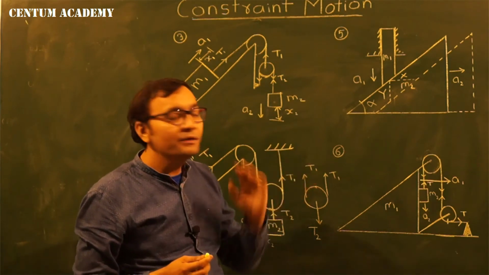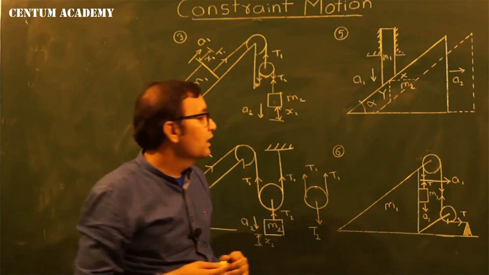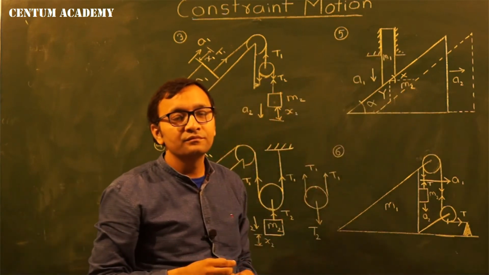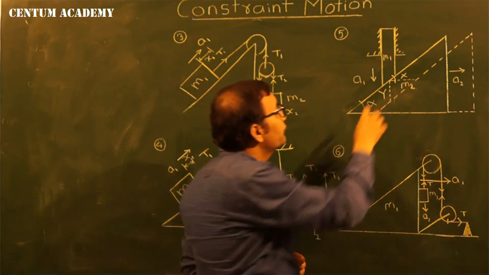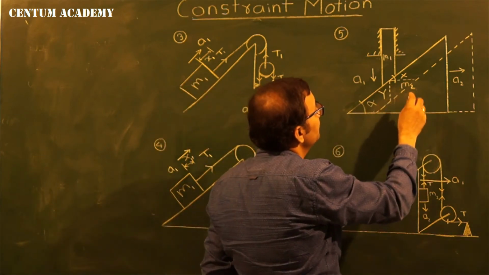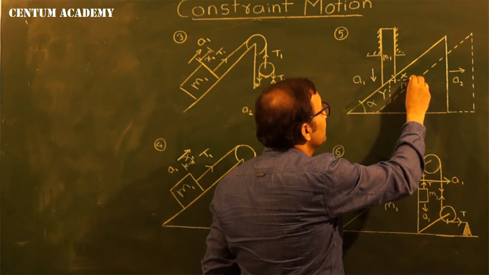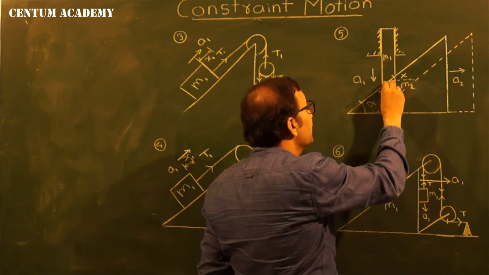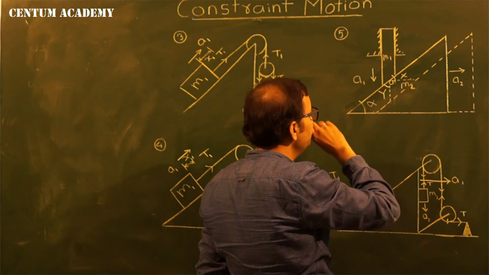Now what is the relation between x and y? I'll see that this angle is alpha. Right? If this is alpha, then this is 90 degrees, this is 90 minus alpha.